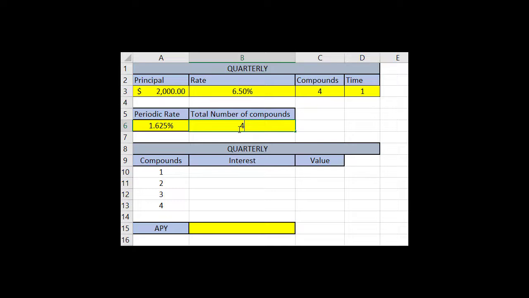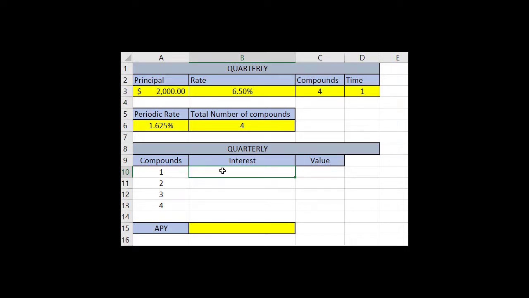So it's 4 total compounds. And that periodic rate, you don't want to put it in with your calculator because you never know, but you're only seeing 3 decimals here. If you see more decimals, who knows what it'll be. So you're going to do this all with Excel because it saves many decimal places.